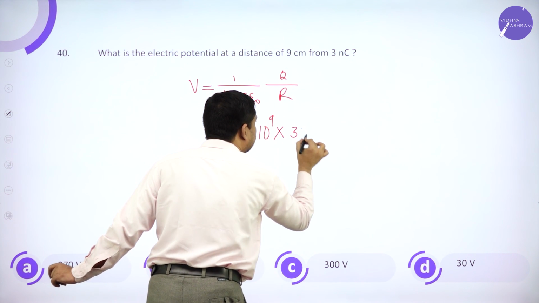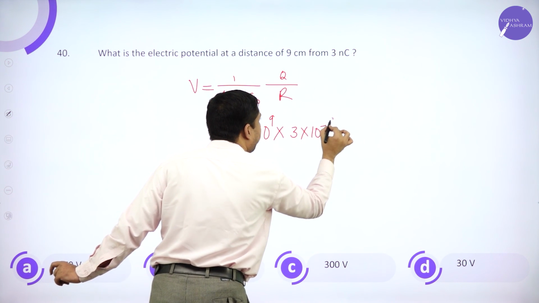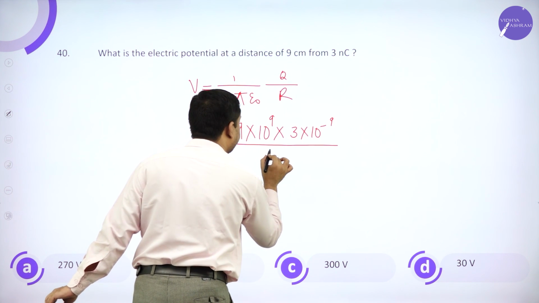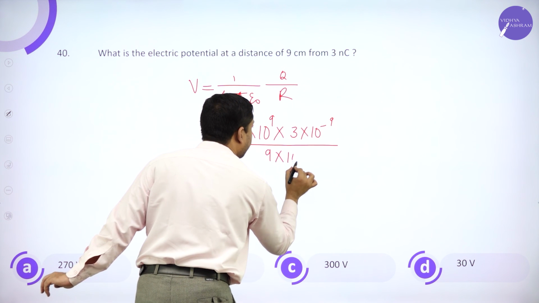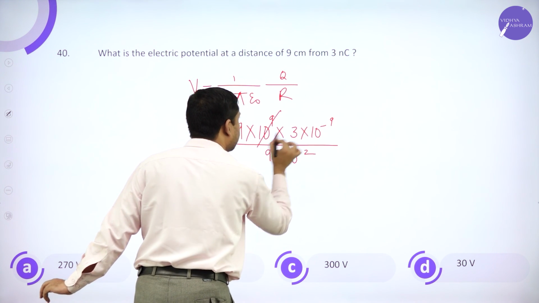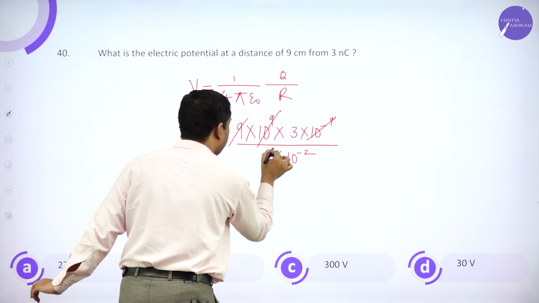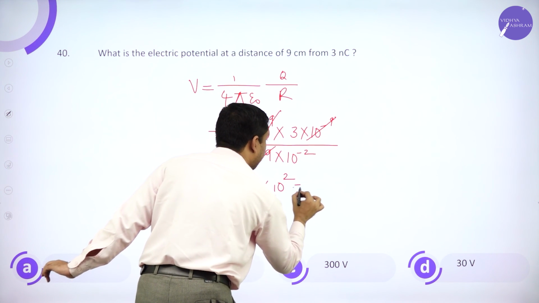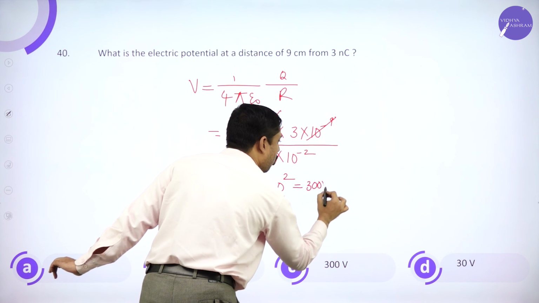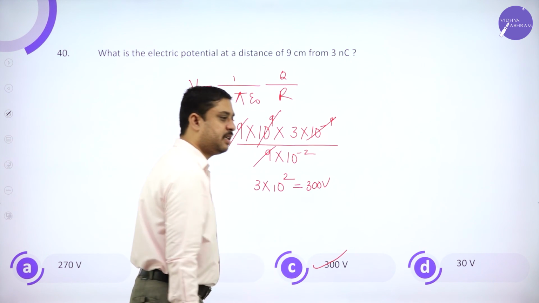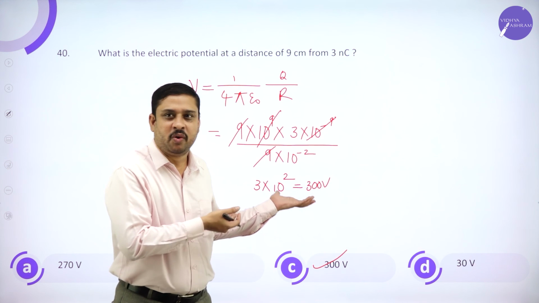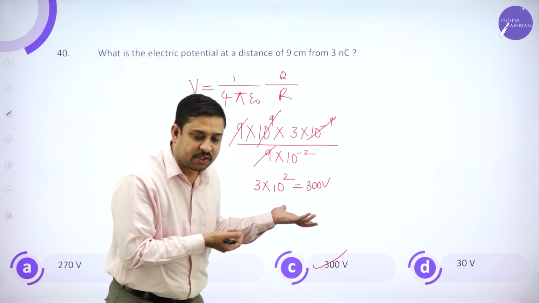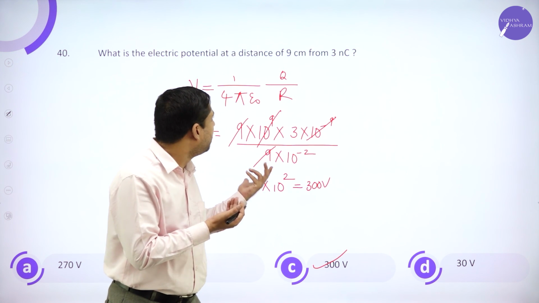Q is 3 nano. R is 9 centimeter. 9 into 10 power minus 2, plus 9 minus 9 gives 3 into 10 power 2. So 300 volt is the answer. See how simple. Do you require any magic to do this? Any classical physics to do this? No. Simple concepts.